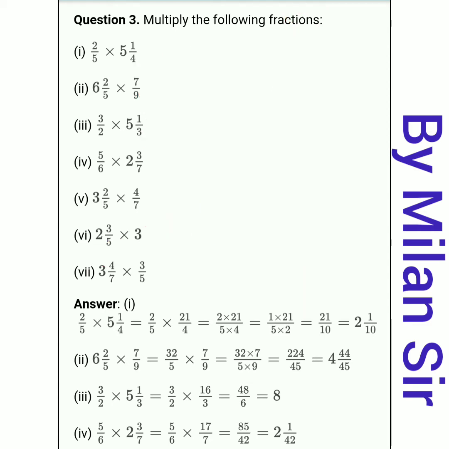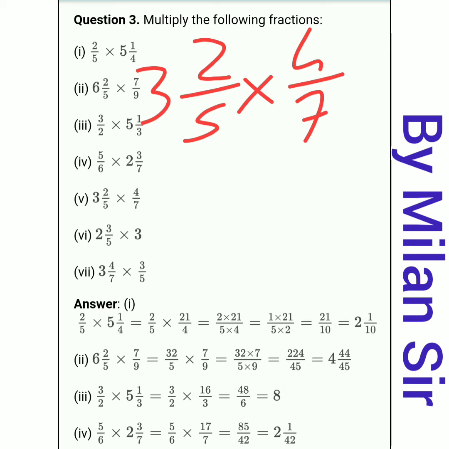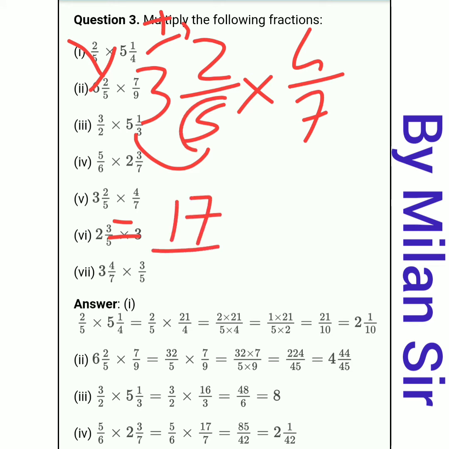Then question number 5. 3 integer 2 by 5 multiply 4 by 7. First of all, convert this mixed fraction into improper fraction. So here 5 3s are 15 plus 2, 17 divided by 5 as it is.